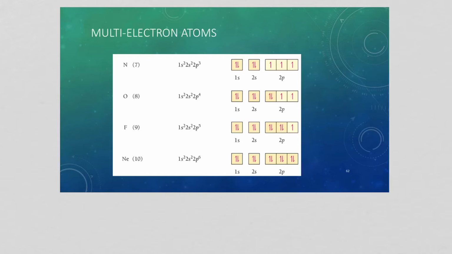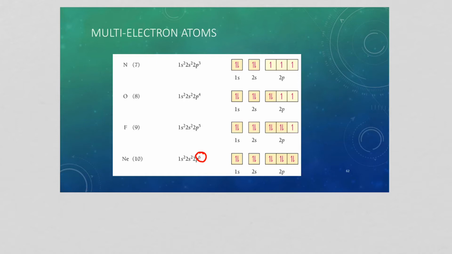Then we'd have 5, and then we'd end up with 6. Notice in our electron configuration, the superscript on a p can go up to 6, because at that point we've filled all the electrons in the p orbitals. So we have 3 orbitals that can hold 6 electrons.